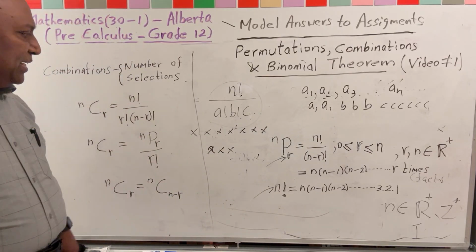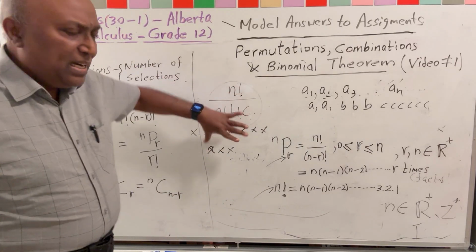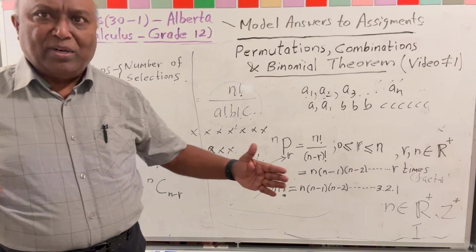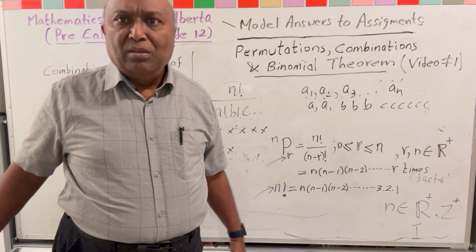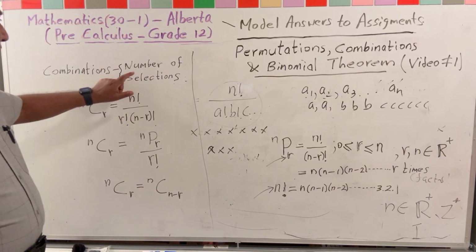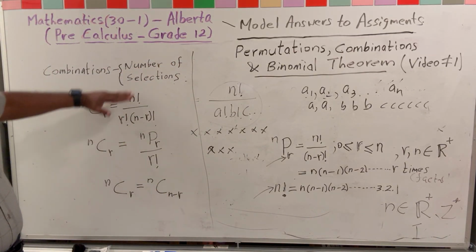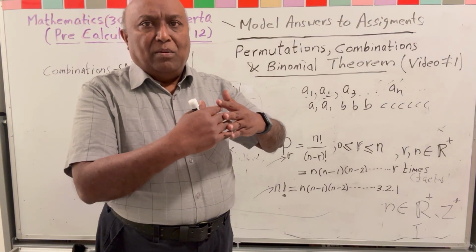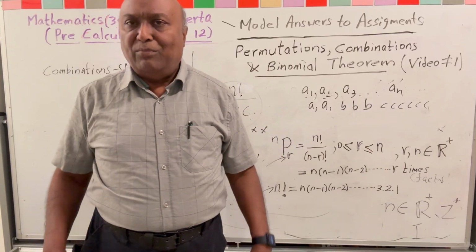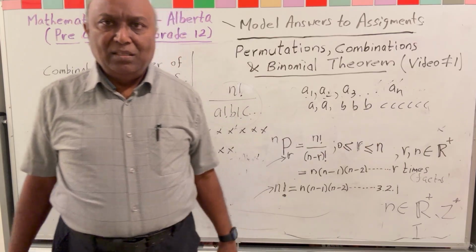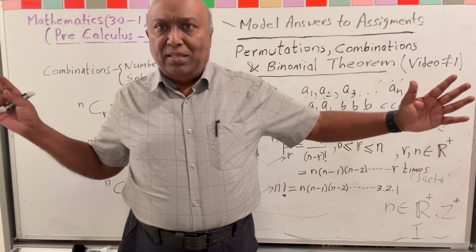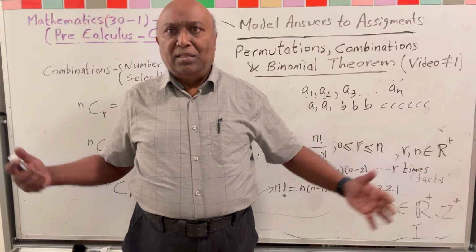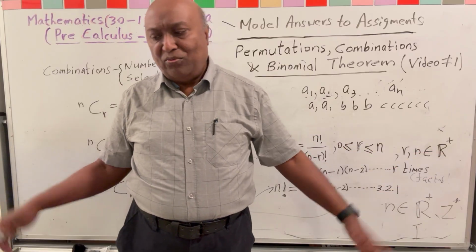Combination means out of the total items, we are selecting some items, but selection only, grouping only, without placing the order. That is called the number of selections out of a bunch of objects. The objects may be people, cars, balls, pens, any kind of items.